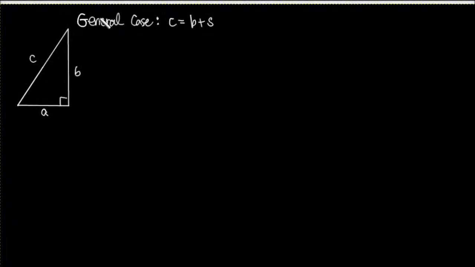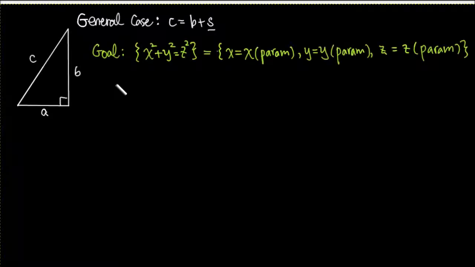Now in this part of the video we're going to consider this general case. So C is S units more than B, where S can be any positive integer. Our current goal is describing this set of triples x, y, z in integers that satisfy the Pythagorean theorem, so that you describe it in terms of parameters.